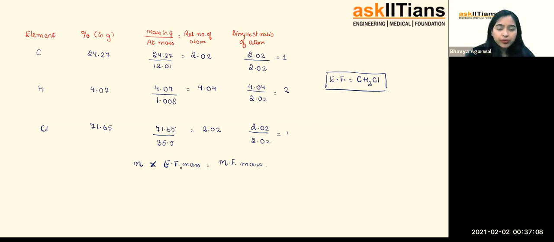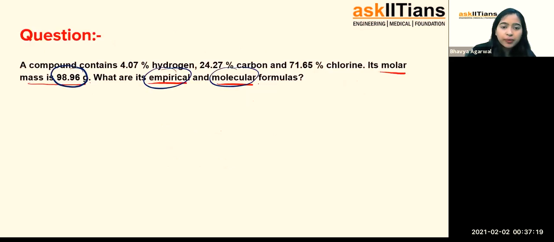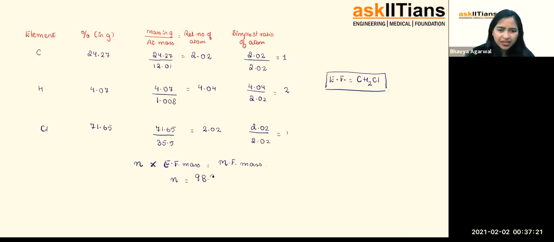So, first of all, I use the value to find out N. What is the molecular formula mass? 98.96, or I can take it as almost 99.